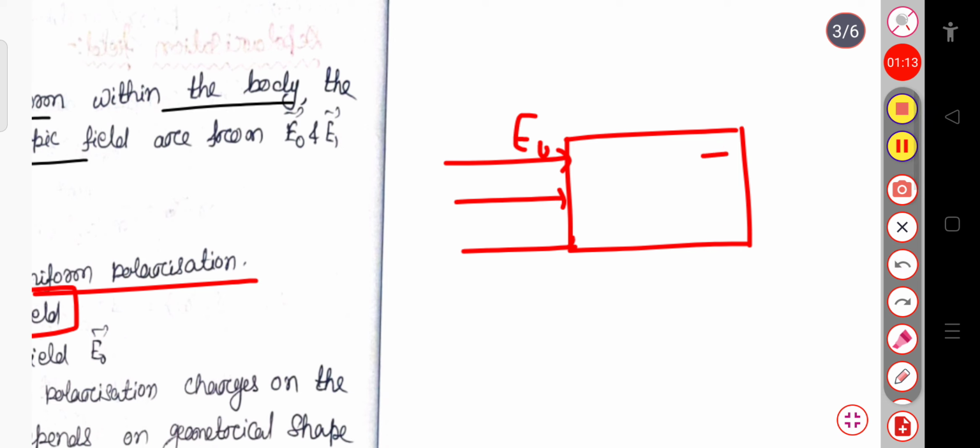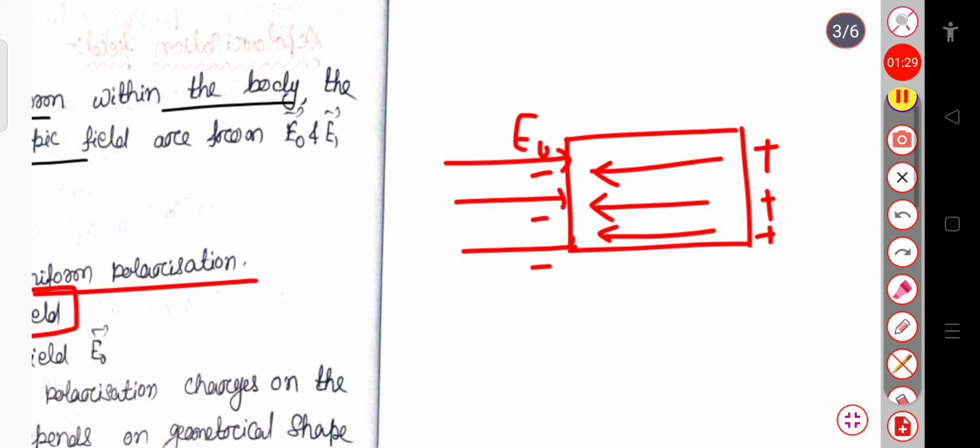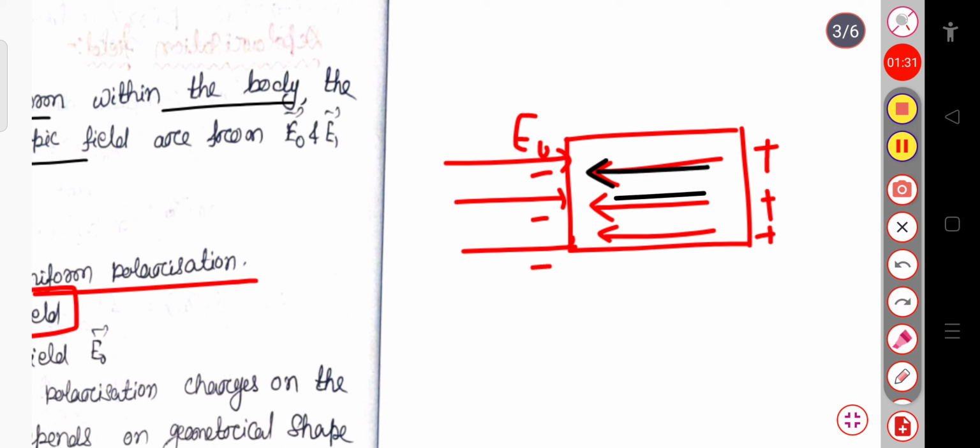Hence polarization occurs, and the induced electric field that develops is in the opposite direction to E0. This is your E1, and that is called the depolarization field.